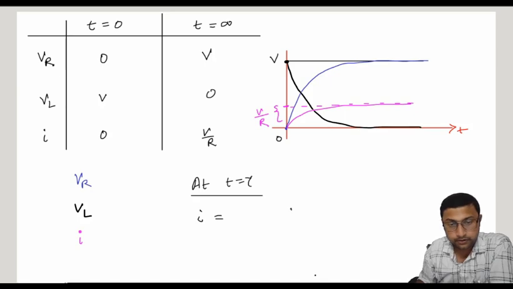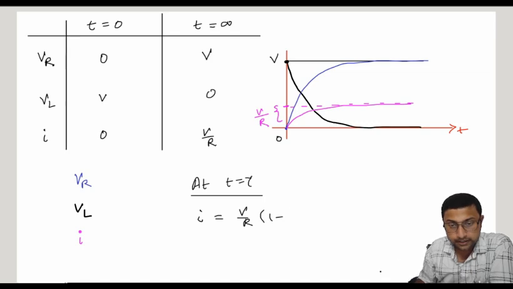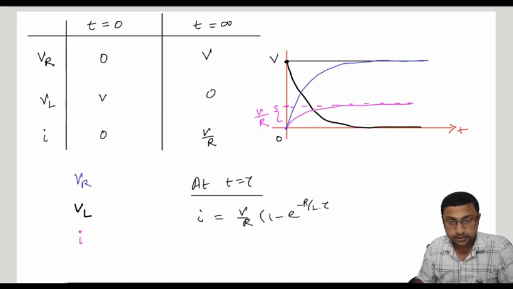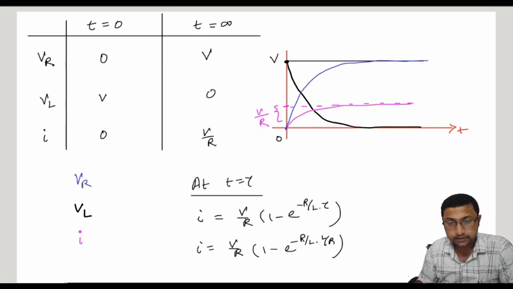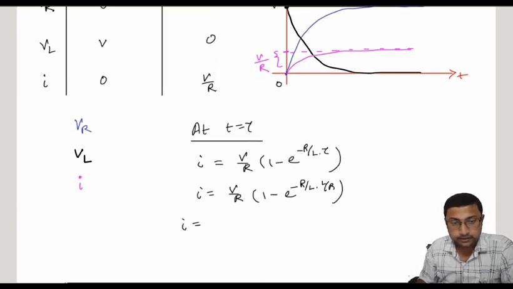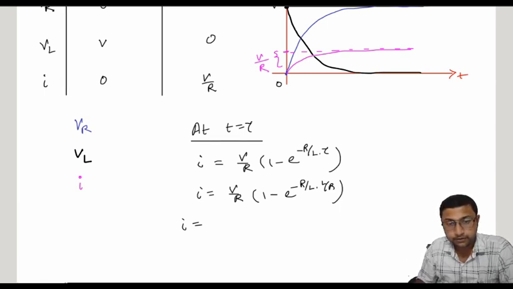So I equals V by R into 1 minus e to the power minus R by L into tau, that is I equals V by R into 1 minus e to the power minus R by L into L by R. L will be cancelled, so 1 minus e to the power minus 1, that means 1 minus 1 by e, and putting the value of e, we can write V by R of 0.632.